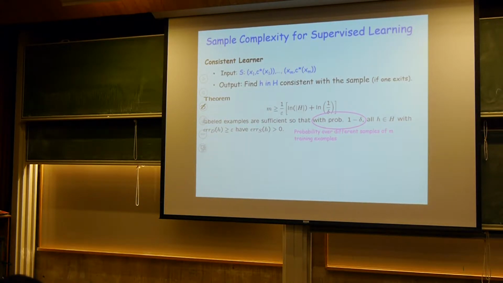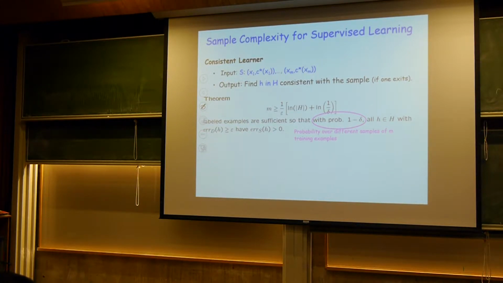And so let me go through the statement again. It's very simple to state, it's very simple to prove, it's super insightful. What the statement says is that if the number of training samples we see is at least 1 over epsilon times (log size of H plus log 1 over delta), then with high probability over the draw of the training sample, so with probability at least 1 minus delta, all the hypotheses in our hypothesis space that have true error rate at least epsilon will be inconsistent with the data, right?